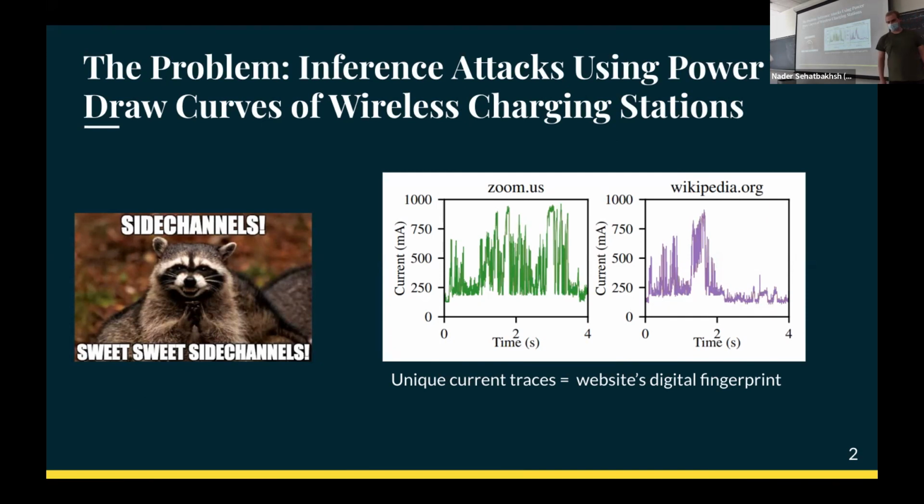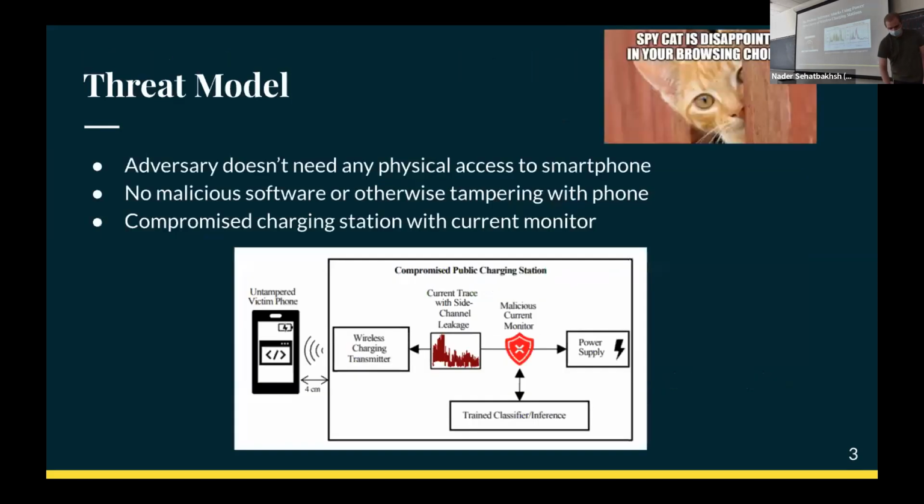As you can see on the right side of this figure, different websites that the smartphone sitting on the wireless charger is loading have a different current pattern, so we can build a model that infers what website is being loaded from those current traces. The threat model requires that the adversary has the means to insert a very simple circuit, as you'll see in a moment, that can monitor the current draw of the wireless charger.